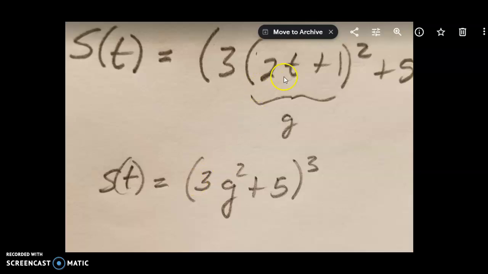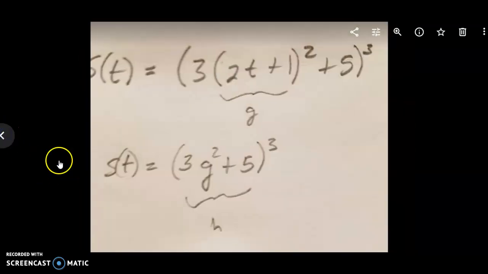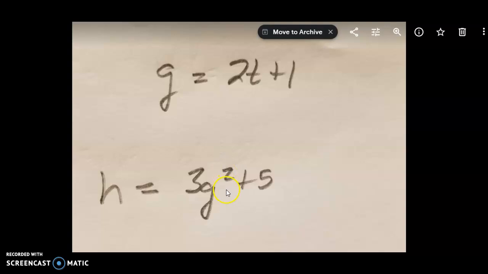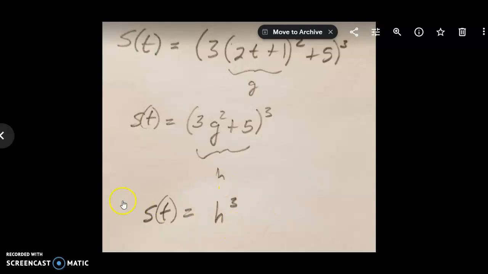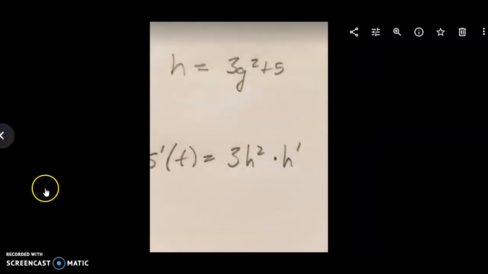And then this will simplify down to 3g squared plus 5 quantity cubed. Well, this is still an outside function, inside function, so why don't I call this inside h. So h would be 3g squared plus 5, and that would leave the original function as just h cubed, which is easy to take the derivative of, right?